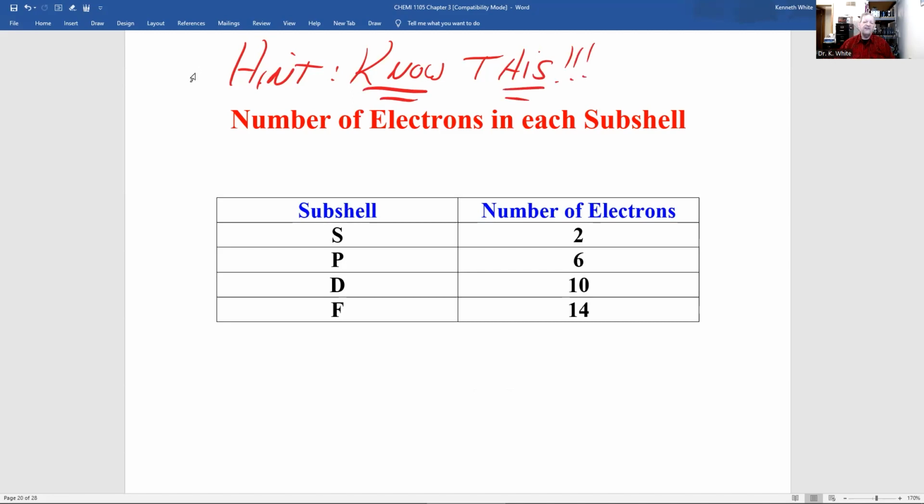Know this. So I have a capital, really should be lowercase. Don't worry about it. I don't. Now, the first subshell is S, and that contains a maximum number of electrons, 2.